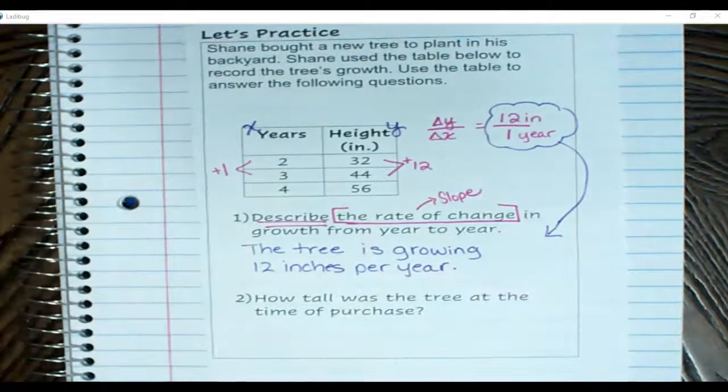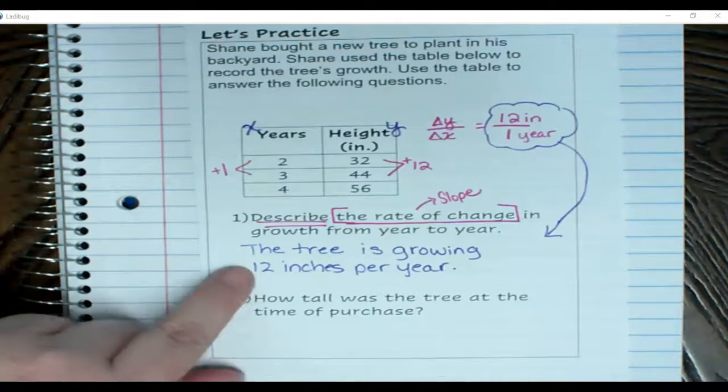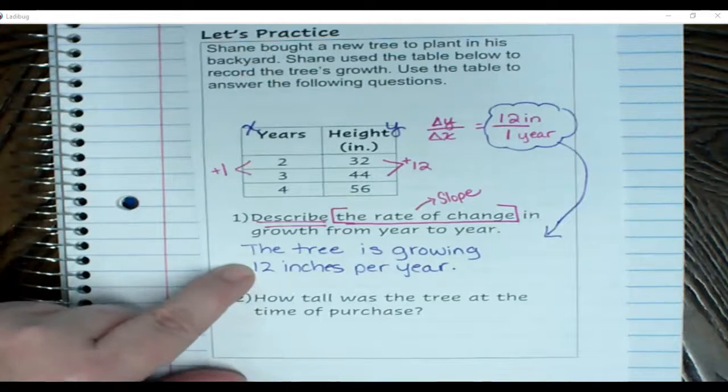You could also say the tree grew 12 inches per year, 12 inches each year, 12 inches every year. Could I also say the tree grew 1 foot per year? Is 12 inches the same thing as 1 foot? Yes, it is.